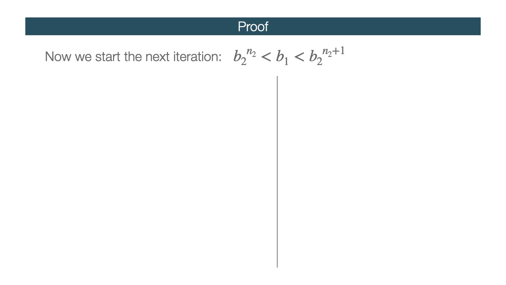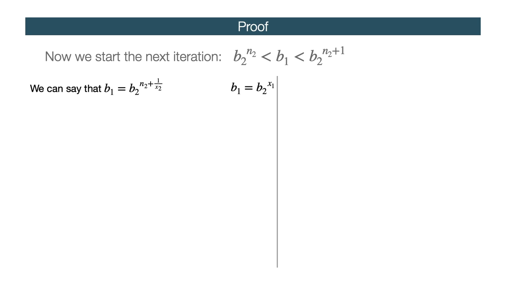So next we're going to say that b1 is between b2 to the power of n2 and b2 to the power of n2 plus 1. So we can say that b1 equals b2 to the power of n2 plus 1 over x2, where 1 over x2 is just some other decimal.